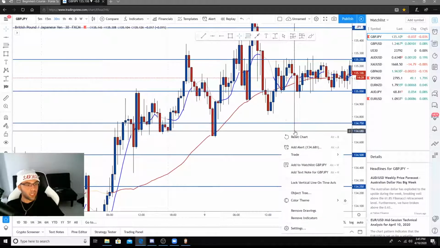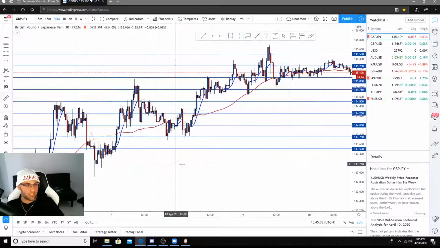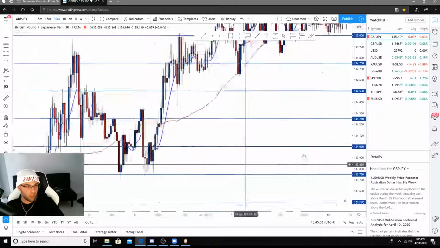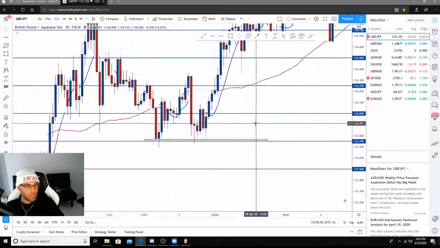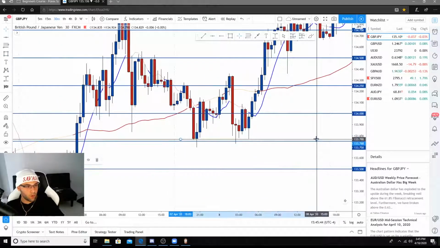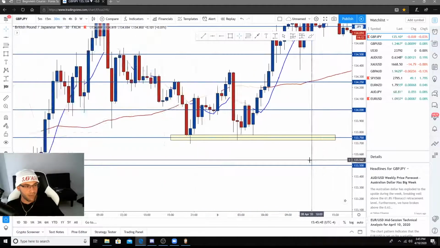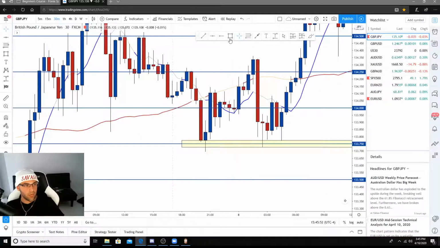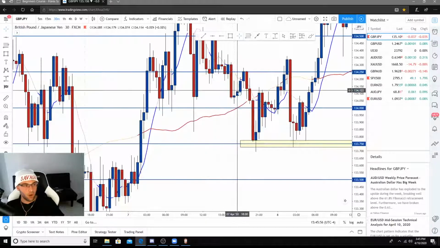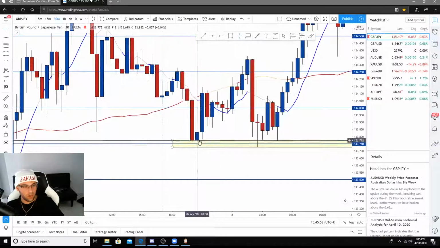So let's look at this trade over here that I did take. This is a really good trade. GBP JPY. Notice how we have support right here, above this quarter point, at this quarter point. So notice how price did take a real nice, beautiful long right here, also forming a support.